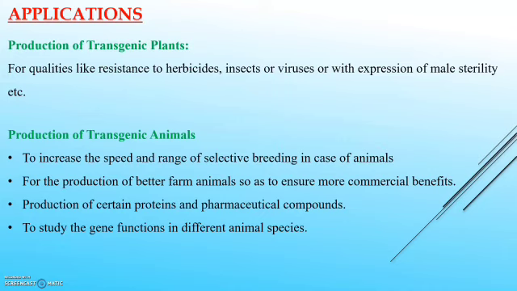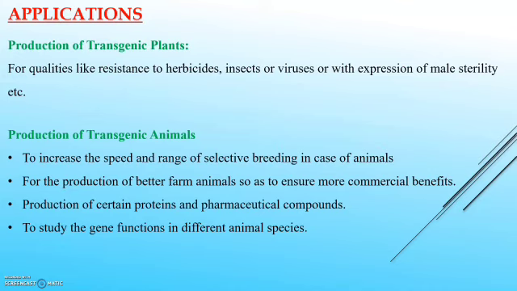By the use of recombinant DNA technology, desired genes can be inserted into an animal so as to produce a transgenic animal. The method aids animal breeders to increase the speed and range of selective breeding, and it also helps in the production of better farm animals so as to ensure commercial benefits.